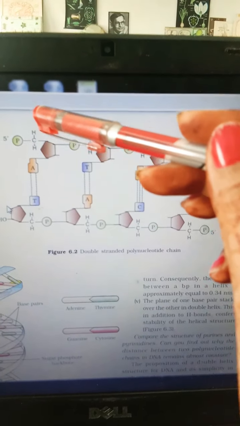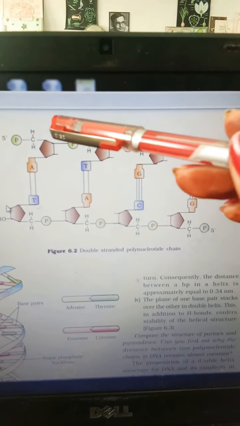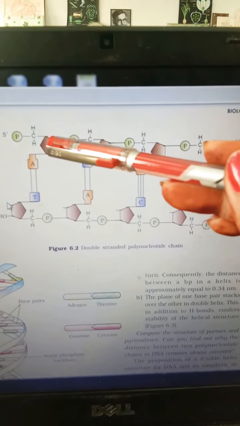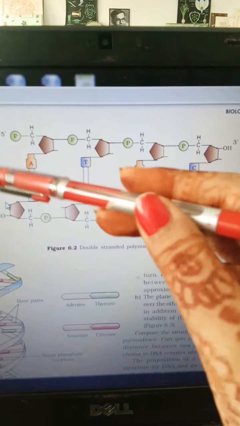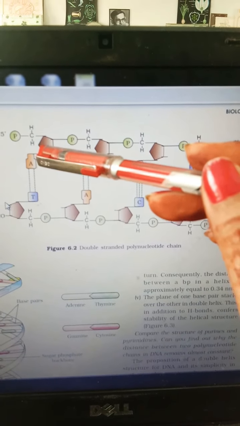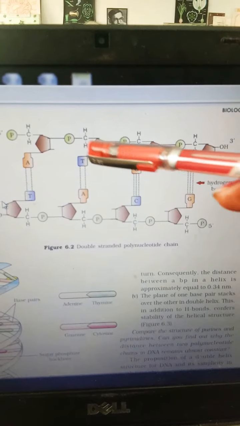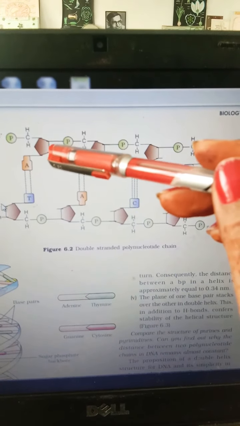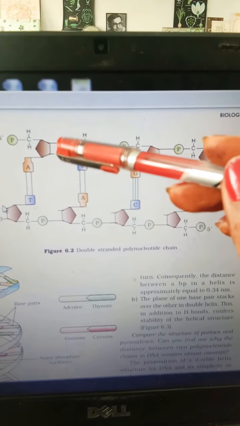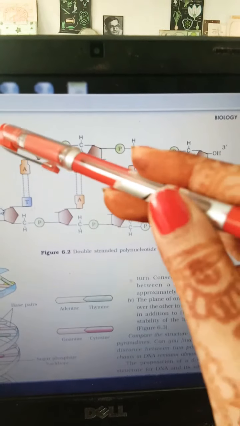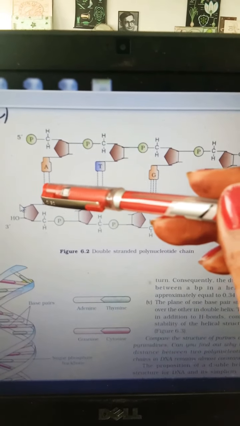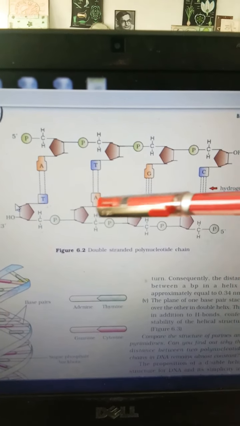And this is one nucleotide: phosphate, sugar and nitrogenous base. The bond between two nucleotides is called a phosphodiester bond. So this is the phosphodiester bond, 3' to 5' direction, and this has a hydrogen bond.